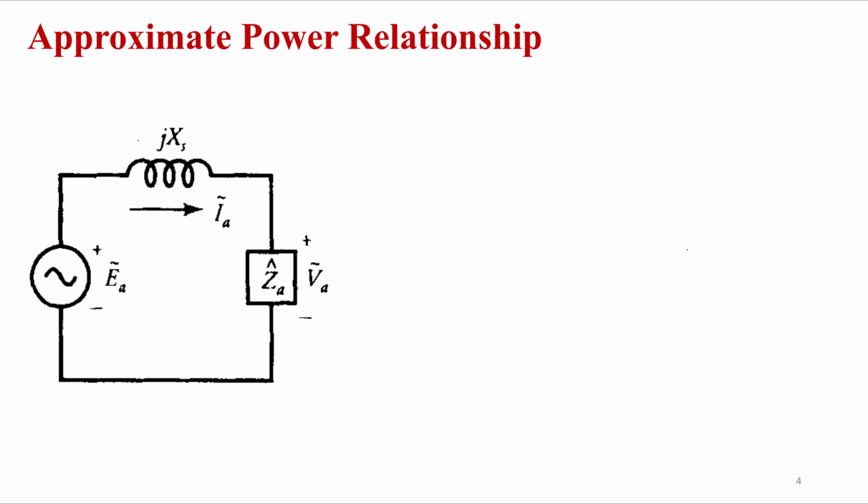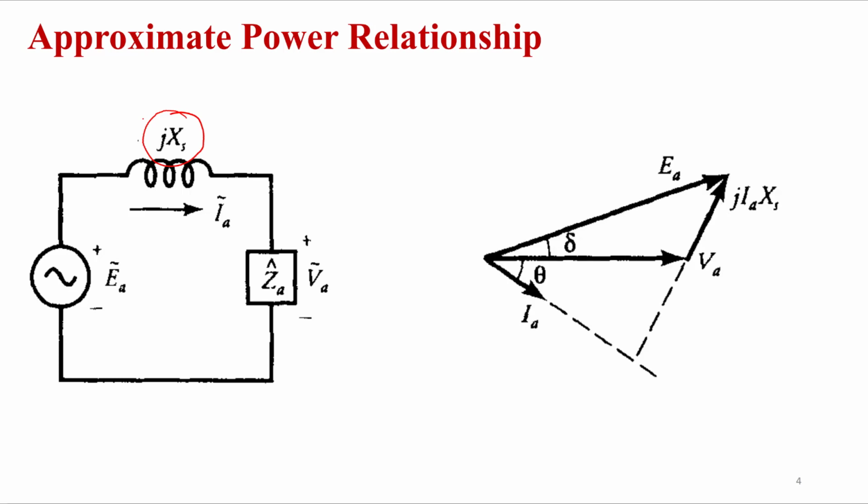As you see in the equivalent circuit of the generator, we are only considering the synchronous reactance XS, and neglecting RA. So now what benefit will we get? We'll get an approximate power formula which will be very important in future study.